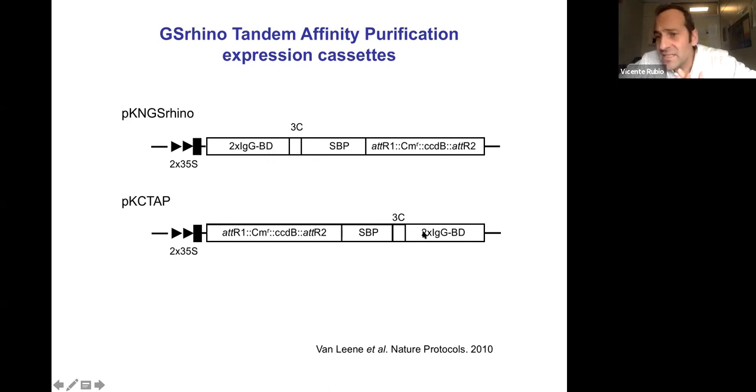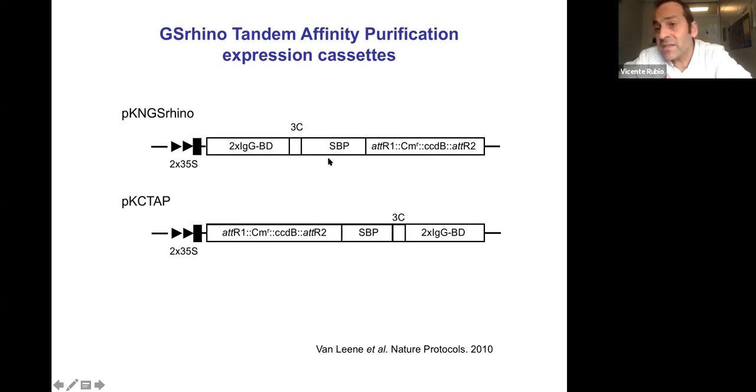This is also a consideration that needs to be taken into account. When you are working with a specific protein and you don't know whether your protein is going to be functional or not, if you produce N or C-terminal fusions, you should check both.